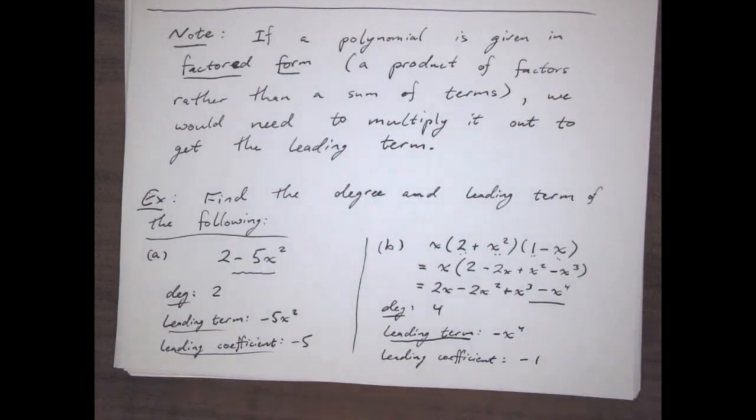If you don't see a visible number there, it's 1. And another way of thinking about coefficient is, what would you get in the leading term if you plugged in x equals 1? That's another way of expressing it.